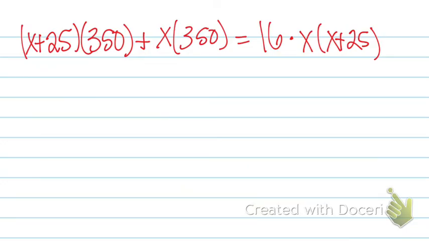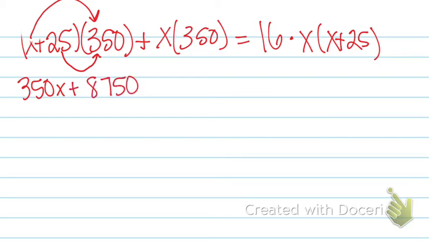Alright, so now we have to simplify. So I'm going to multiply x times 350, and I'm going to get 350x, and then 25 times 350. 25 times 350 is a big number. 8750 plus x times 350, which is 350x, equals 16 times, I'm going to work the parentheses.